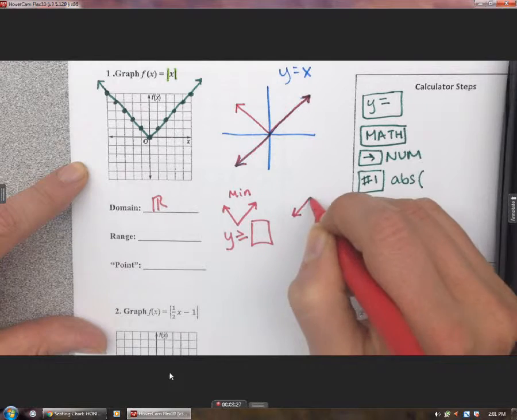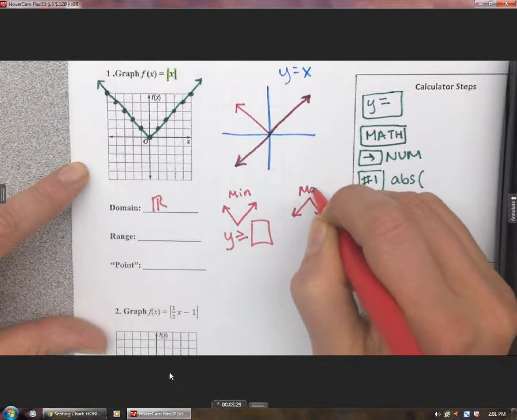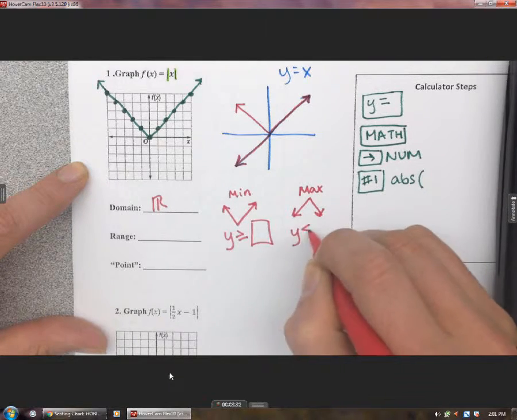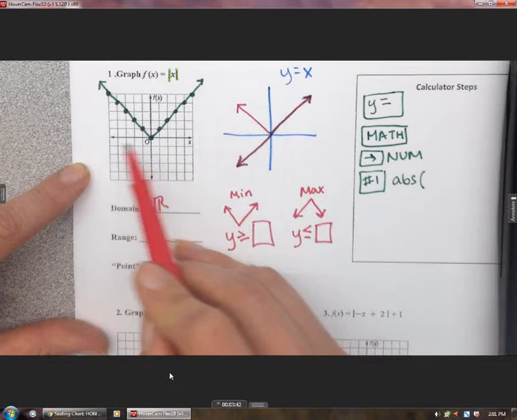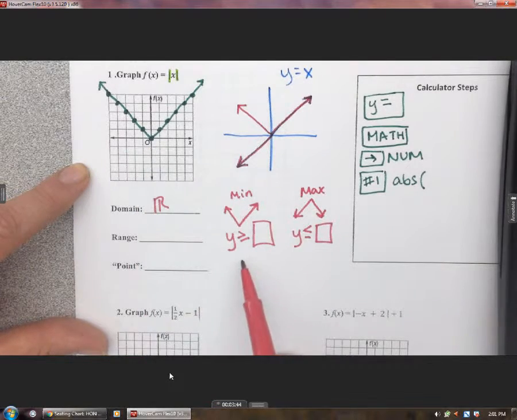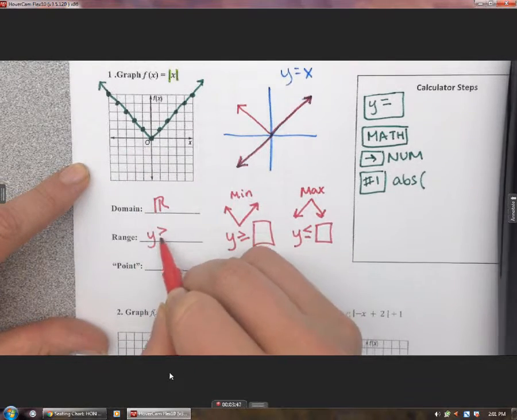If for some reason it was flipped over and had a maximum, it would be y is less than or equal to your number. So ours is a minimum, so it's going to be y is greater than or equal to.